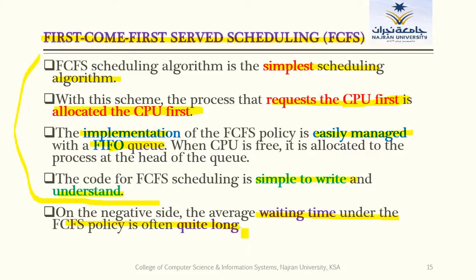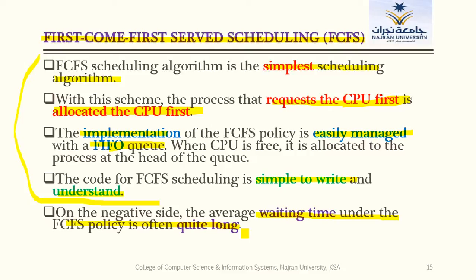So waiting time, because we have already seen the 5 criteria for selecting a scheduling algorithm: CPU utilization, turnaround time, waiting time, response time and throughput. So here one criterion, that is waiting time, will be long.